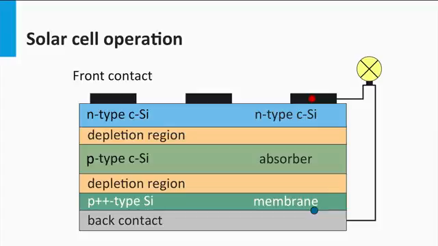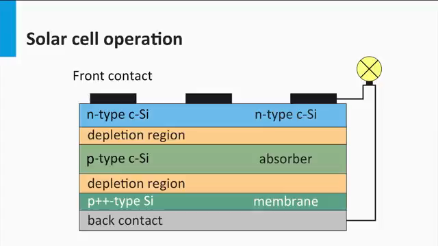Then the charge carriers have to be collected at the contacts. In this example, the contacts are connected with a load, in this case, a lamp. The electron will move through the load back to the solar cell. Both charge carriers recombine at the metal p-layer interface.